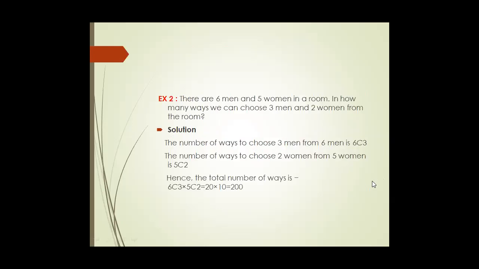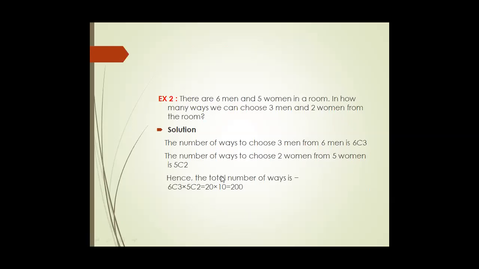Next, if there are 6 men and 5 women in a room, in how many ways can we choose 3 men and 2 women from the room? The number of ways to choose 3 men from the 6 men is 6C3. Similarly, choosing 2 women from the 5 women is 5C2.